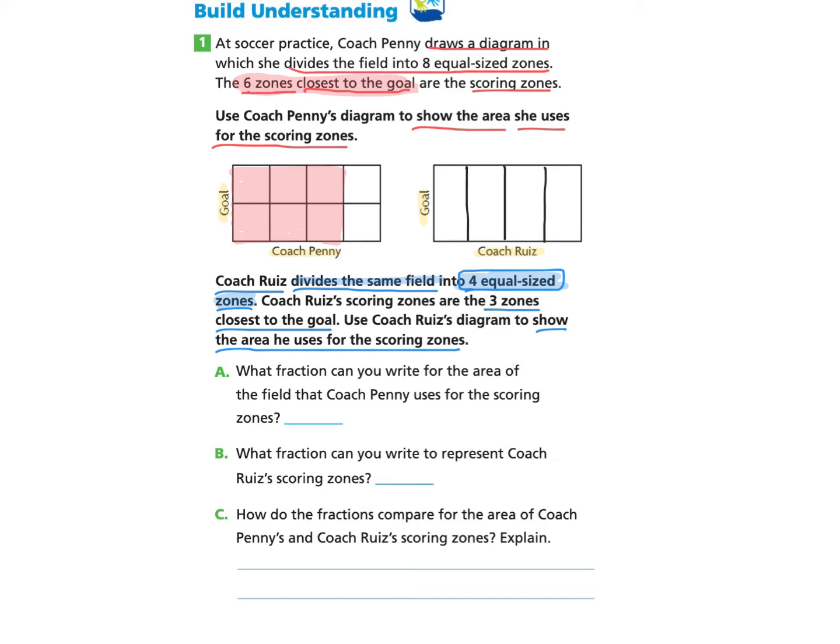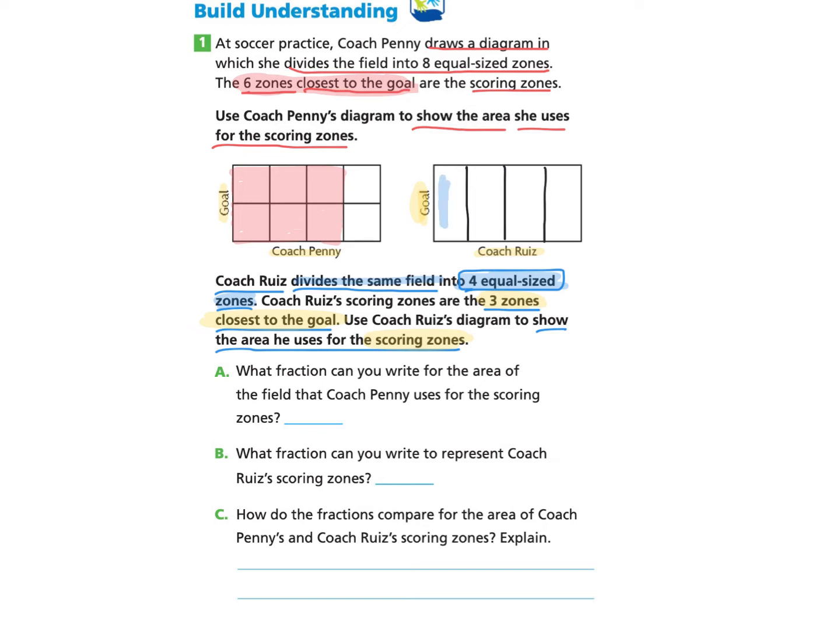Now I need to go back to the information I was given, and I find that there were 3 zones closest to the goal that he uses for the scoring zones. So again, here's the goal, and we need to color in the 3 zones closest to the goal.